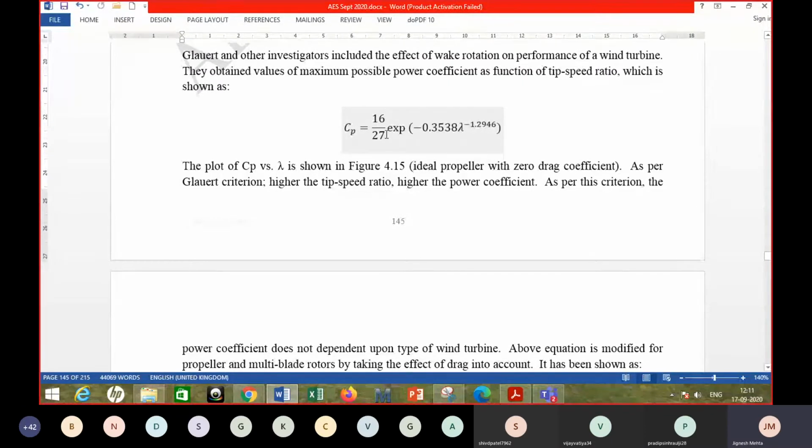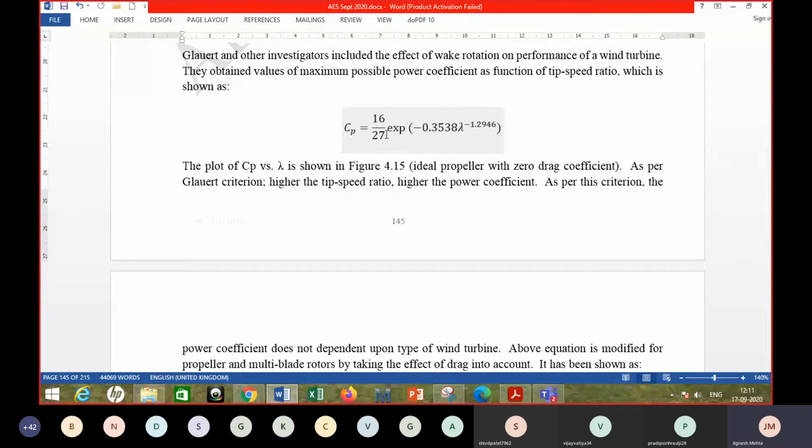As per the Betz theorem, there is no effect of the tip speed ratio on the coefficient of power. It remains constant, whatever may be the speed of the turbine and the relative speed of the tip with respect to the wind, right? But practically that is not the case.